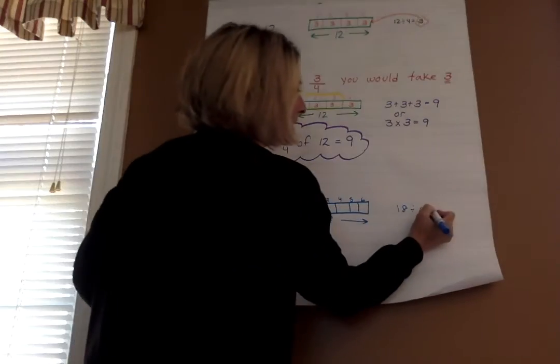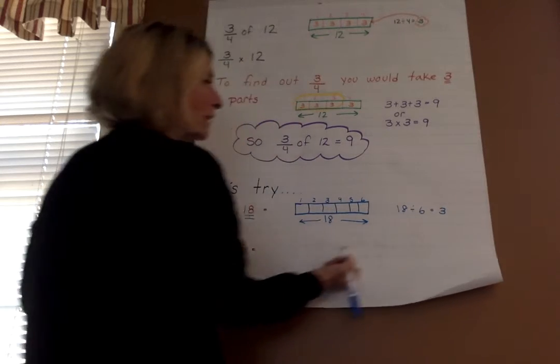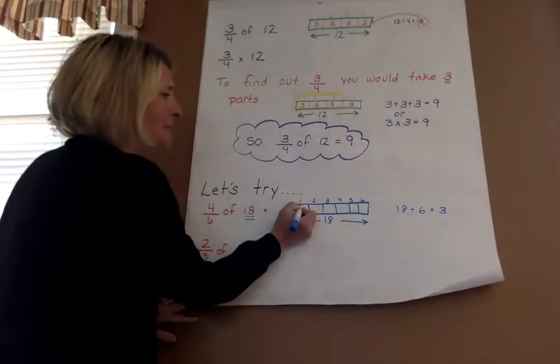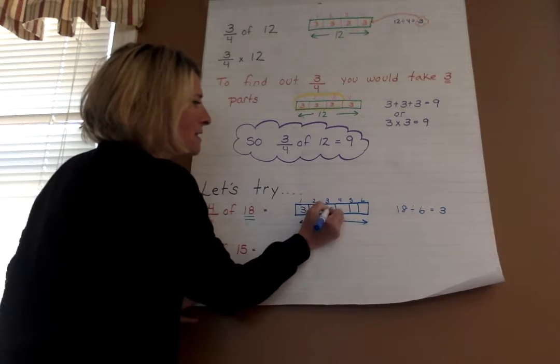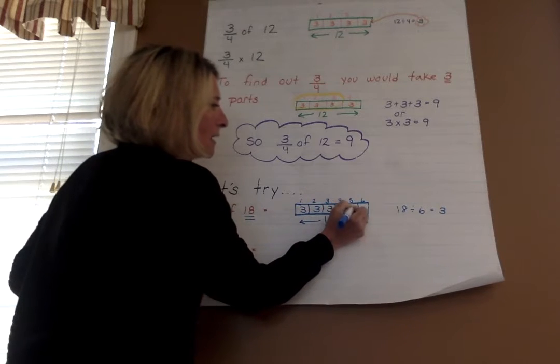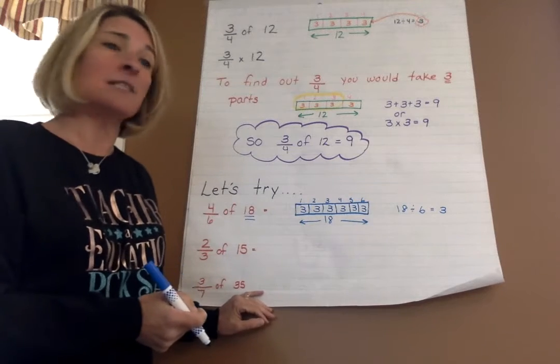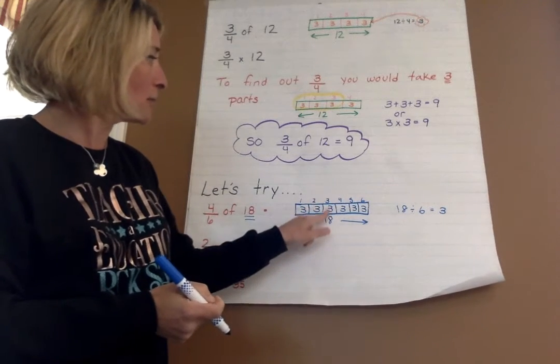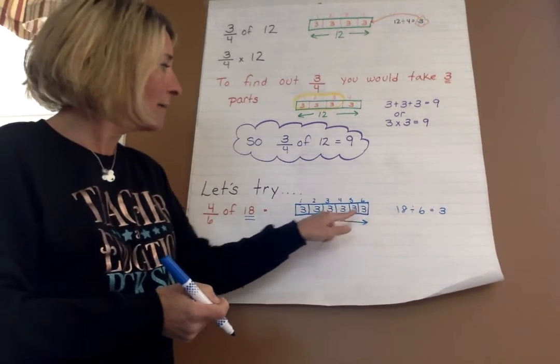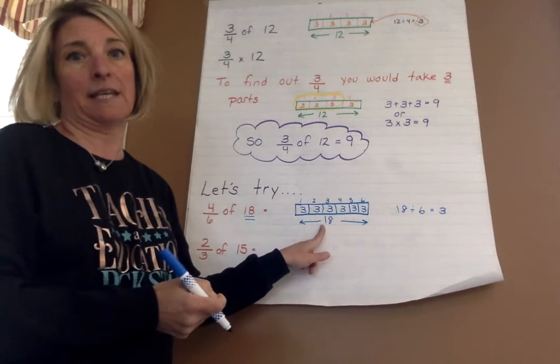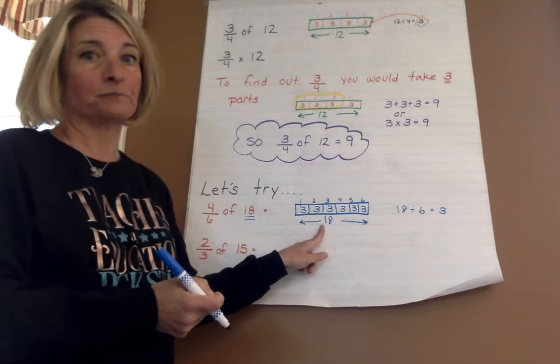So I know 18 divided by 6 is 3. So that means each of these boxes or parts is going to equal 3. And again, it makes sense because if I add it up, 3 plus 3 plus 3 plus 3 plus 3 plus 3, I'm going to get a total of 18, which I know is my total value.